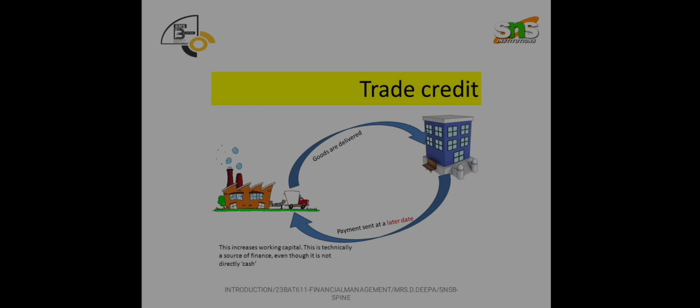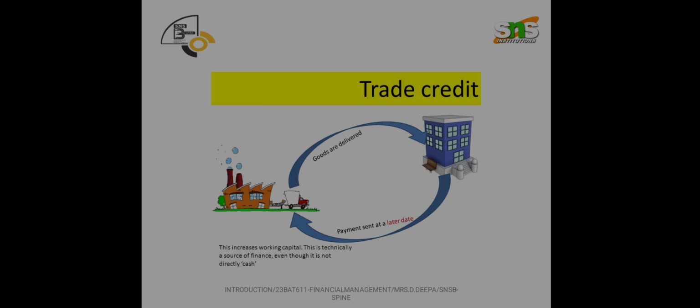See, both the buyer as well as the seller, their production and regular operations have to happen. For that, for increasing that working capital, definitely this trade credit process supports a lot.